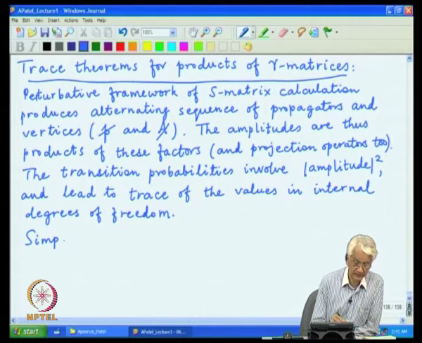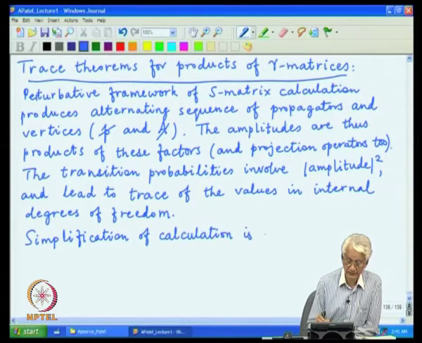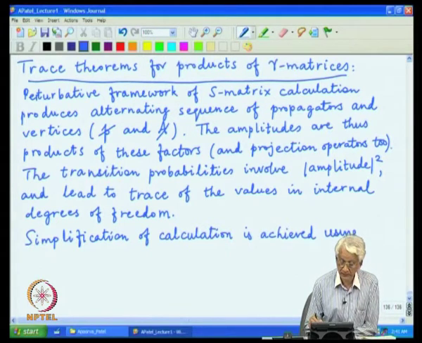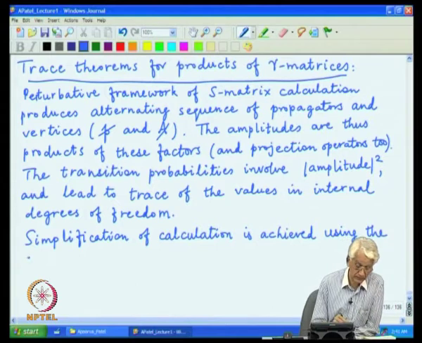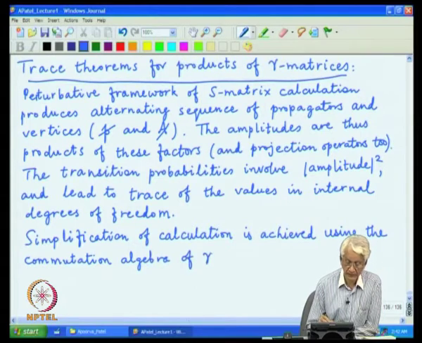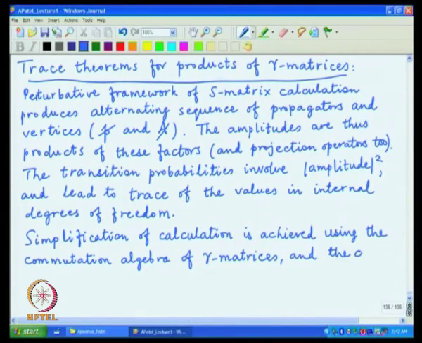The simplification of calculation is achieved using the commutation algebra of the gamma matrices and the cyclic nature of trace.